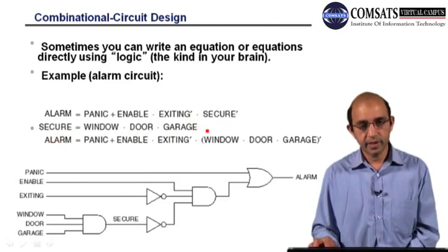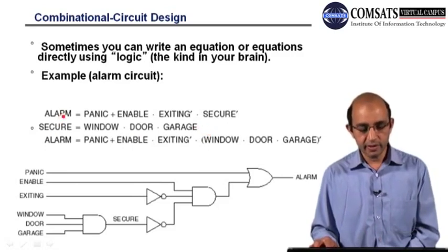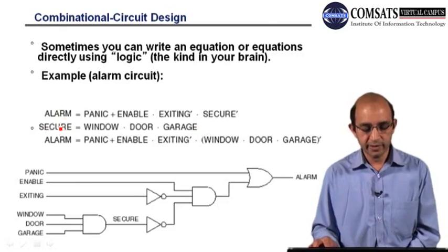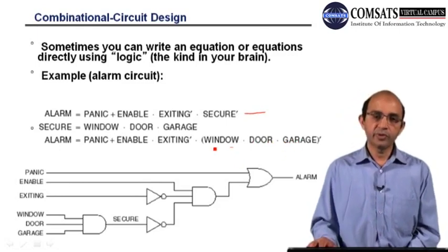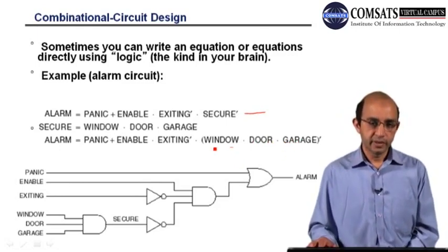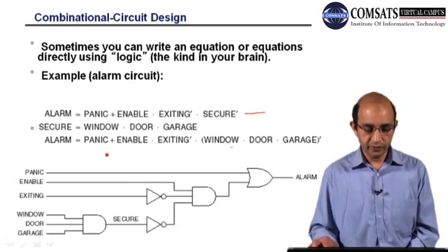If you take those expressions as equations, you can see that these are the two equations, and we have to replace this equation over here. So we have the alarm, panic plus enable, dot exiting, and then we have replaced the secure by window dot door dot garage. And if you talk about the circuit representation, then you can see that we have an OR operation over here between panic and enable.